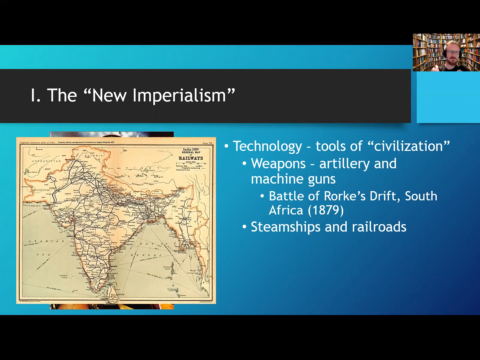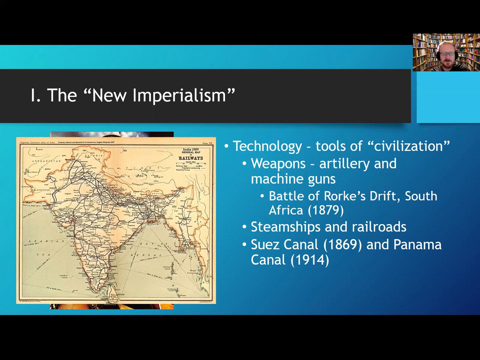And this is a very effective way. Before the steamship and the railroads came along, the British controlled the coastline of India, but not the interior. Now they control all of India and all of the riches within India, hundreds of millions of people. Even in the 1800s, India was absolutely huge.